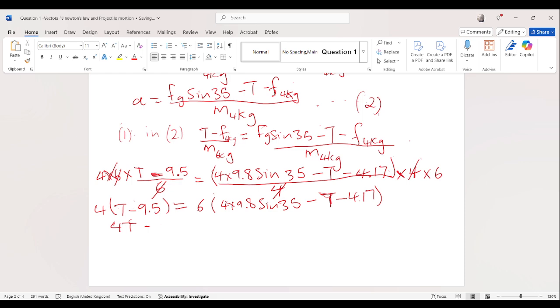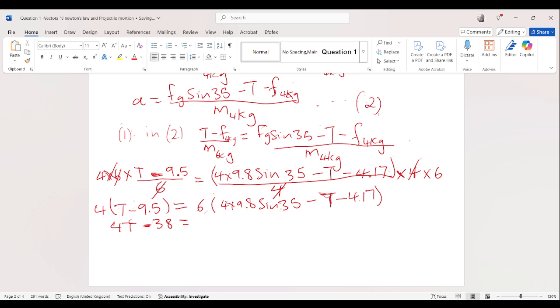Okay, so we'll have 4T, 4 times T, 4T, 4 times 9.5, it will be 38, equals 6 times 4 times 9.8 times sine of 35.